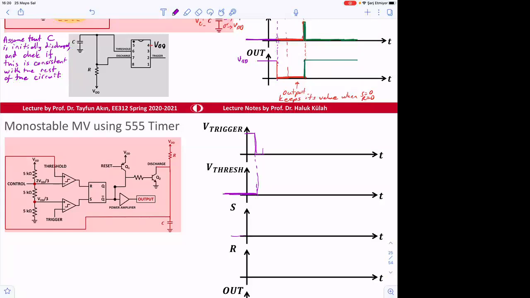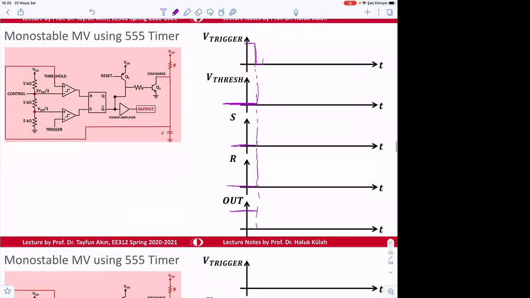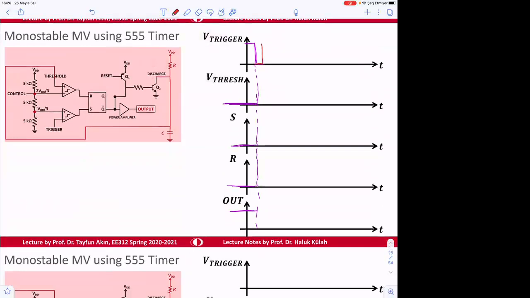And then set is initially 0. Reset is initially 0. And output initially VDD. Okay. So and the critical thing, I mean, this will go up maybe like here. No.